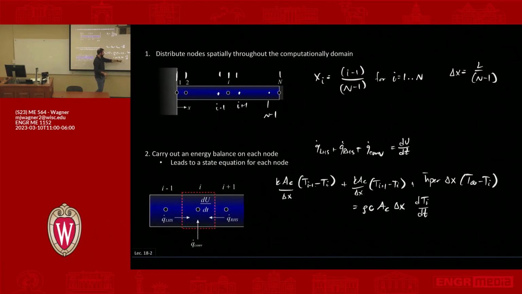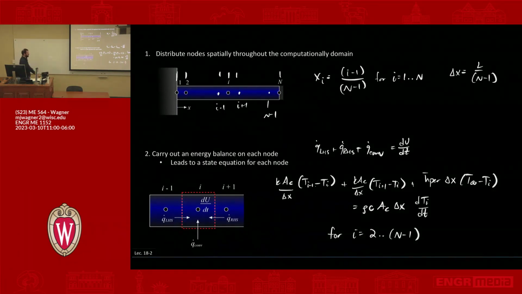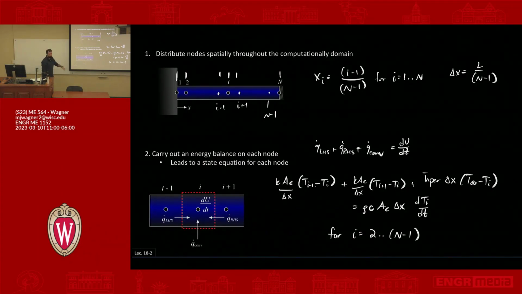All we need to do is algebraically solve this entire thing for dT/dt. This is, by the way, for i equal to 2 up to n minus 1. So that's the internal node.